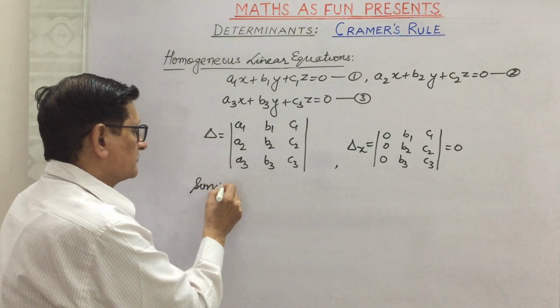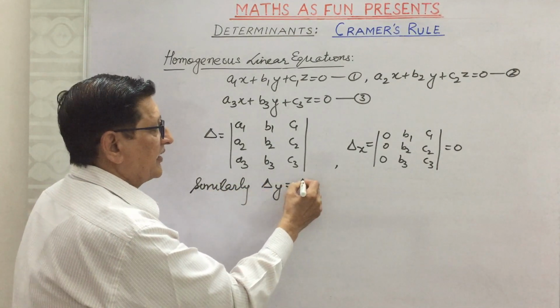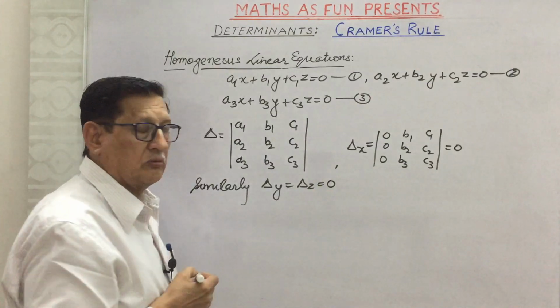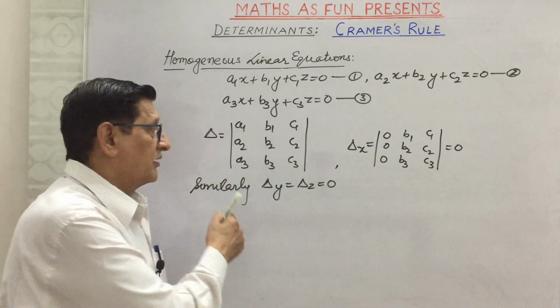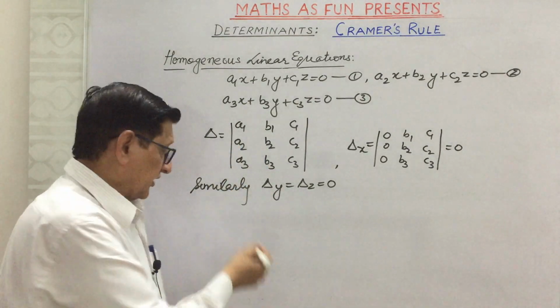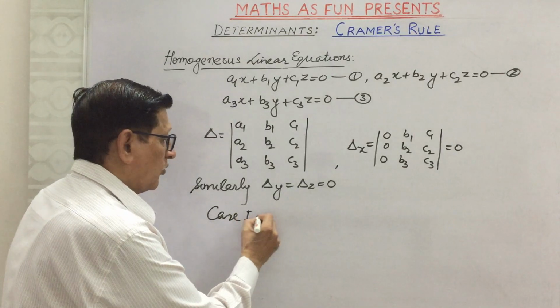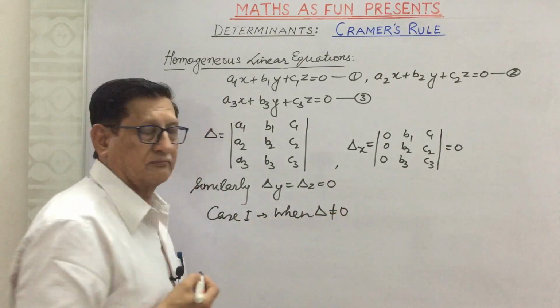Similarly, we will find that delta y and delta z also will be equal to 0. Now we discuss about the two cases when delta is 0 and when it is non-zero. So the case first we take when delta is non-zero.